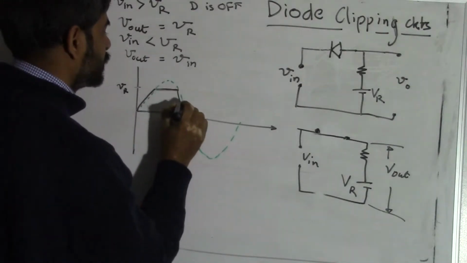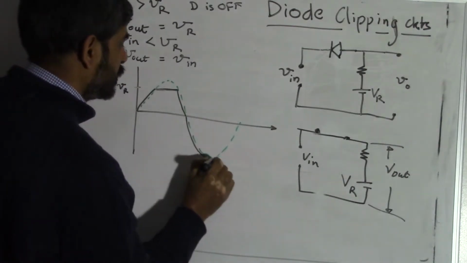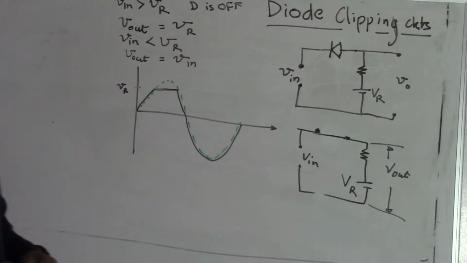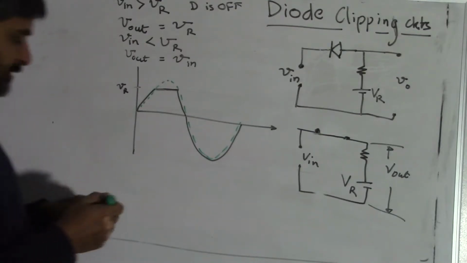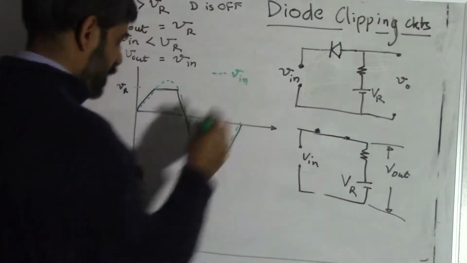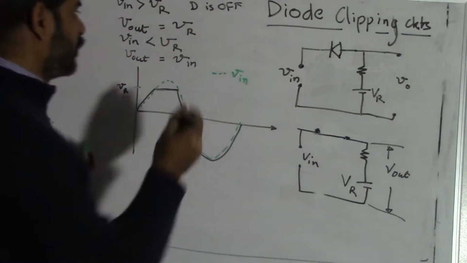I have used just reverse color, my mistake. But anyhow, I will mark that this green is the input voltage, and we have black as the output voltage.